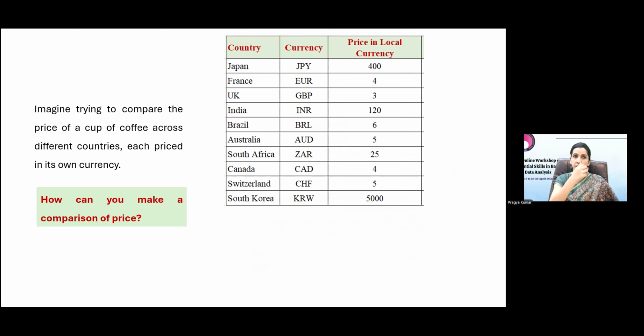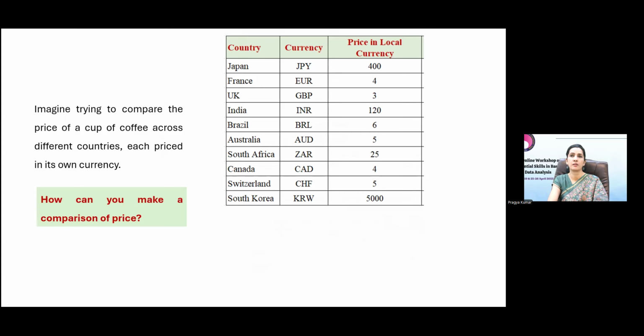So for example, if we are trying to compare the price of a cup of coffee across different countries, each priced in its own currency, you can see here we have got Japan, France, UK. These are the countries, and this is the price in the local currency. If I ask where the price of a cup of coffee is the maximum, what will be your answer?